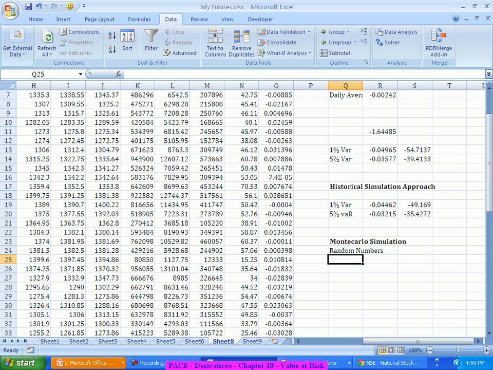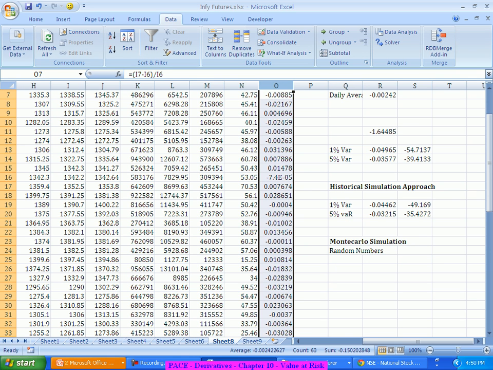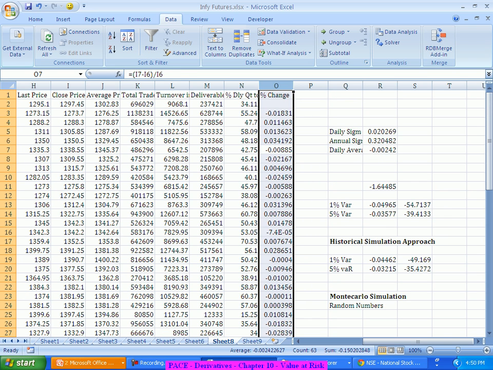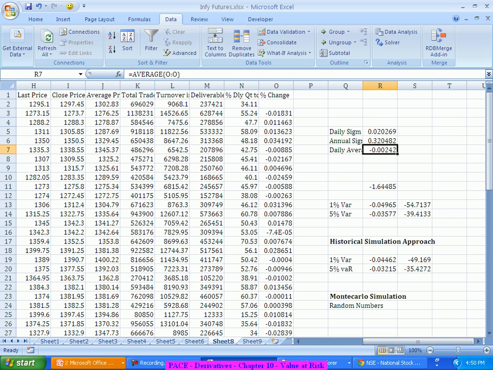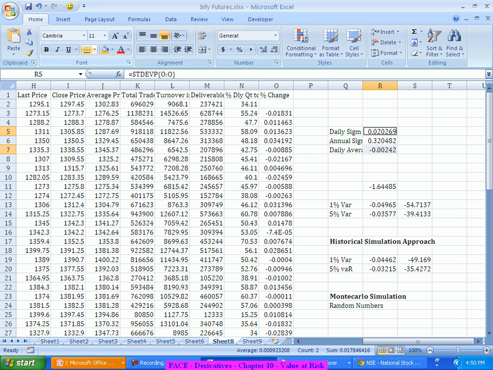See, Monte Carlo simulation is nothing but you try to generate these numbers based on the assumptions, based on the mean and the standard deviation. It's like a reverse calculation.